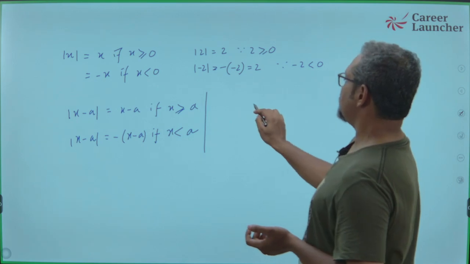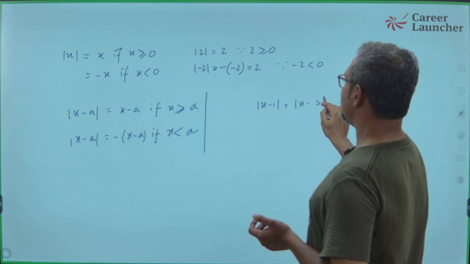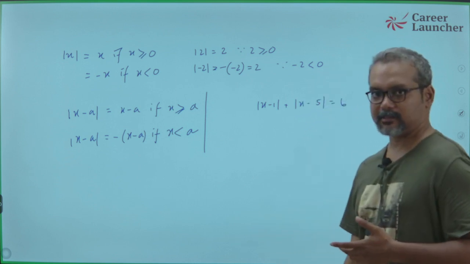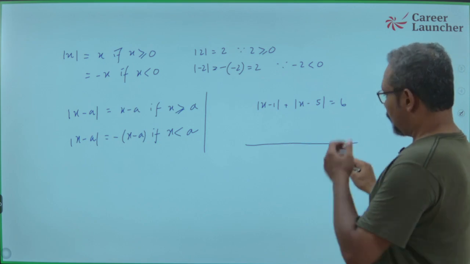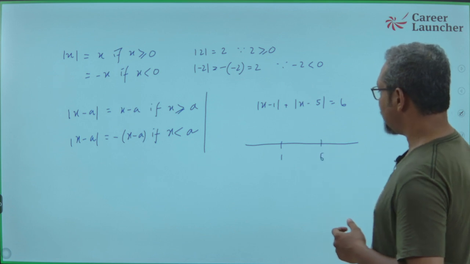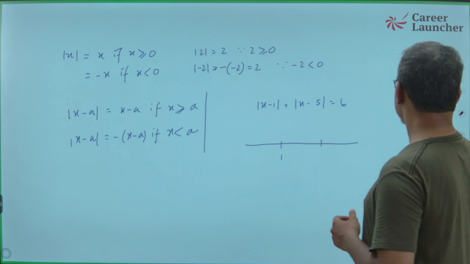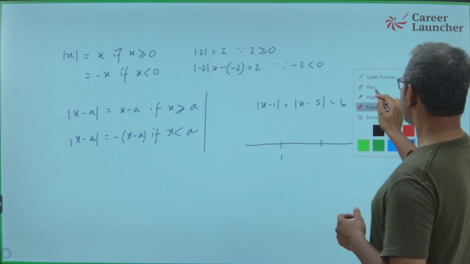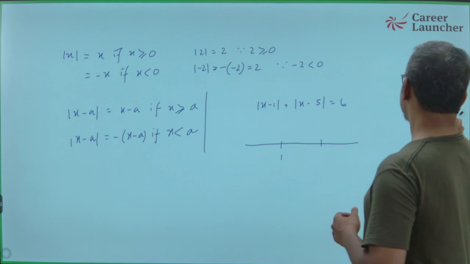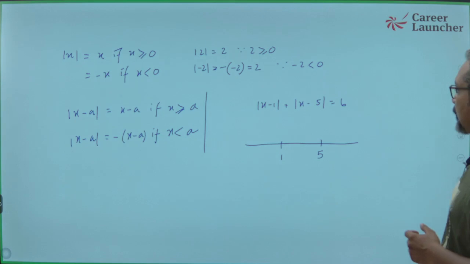Say for example, I have a question, mod of x minus 1 plus mod of x minus 5 is equal to 6. So how do I solve this? The simple way, we plot the 2 points 1 and 5 on the number line.